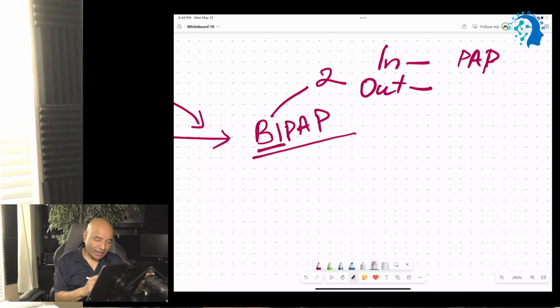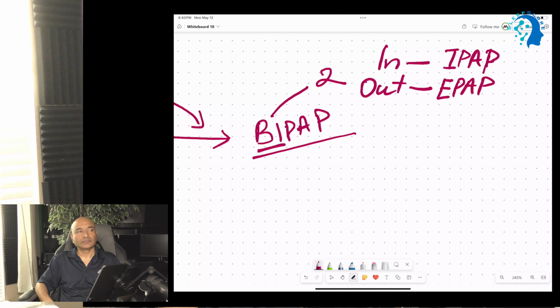This is called IPAP, inhaling. And out, exhaling, is EPAP. Inhale, exhale. In, out. IPAP, EPAP. Now, in CPAP, there is one pressure only.